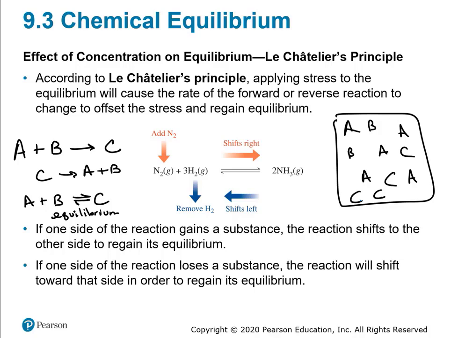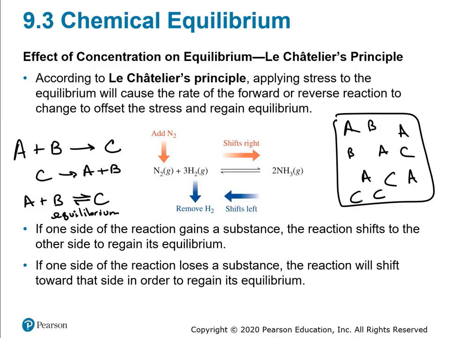So Le Chatelier said, well, what happens if I add A? What if I pump some A into this system that's at this balance? If I add anything, the reaction will always shift away from whatever I add.